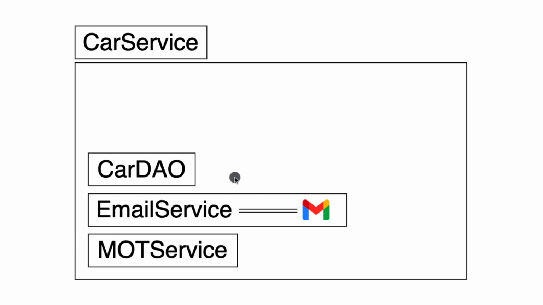Now, you could imagine that when we are instantiating car service, Gmail, for example, is down. So let's say that Gmail is down. Now, because car service is tightly coupled with email service, and email service cannot connect to Gmail, therefore our code will break.